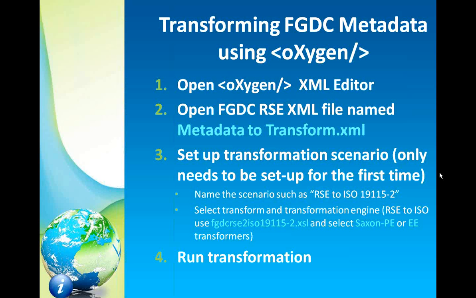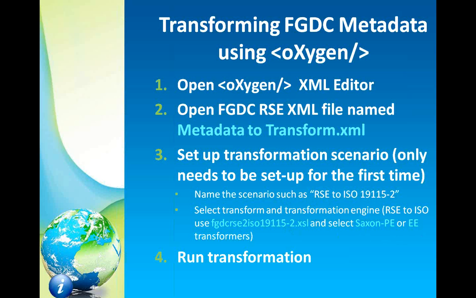For Oxygen, select either the Saxon PE or EE transformers, because basically what this means is that they're XSLT 2.0 compliant transform engines, and that's what the transforms are written in. So when you set up an Oxygen transformation scenario, select one of these two engines that will be able to run that transform.